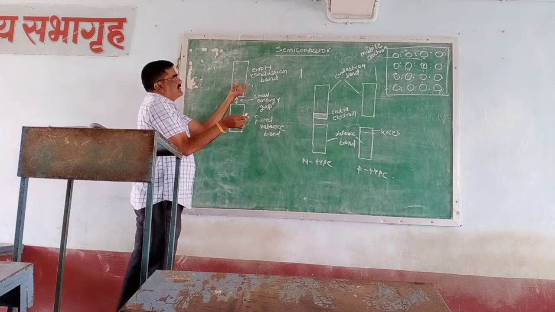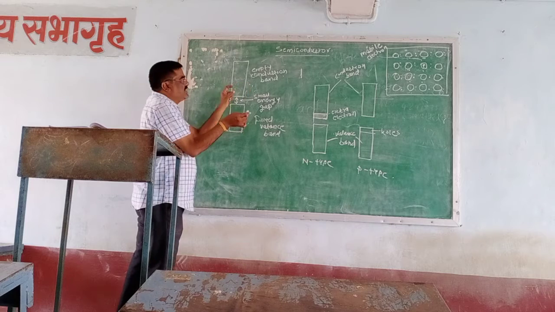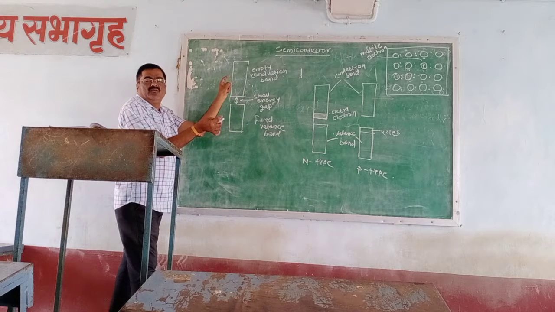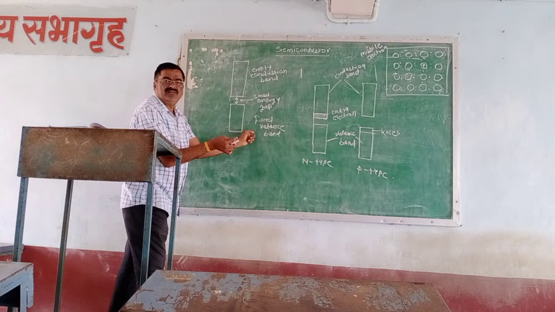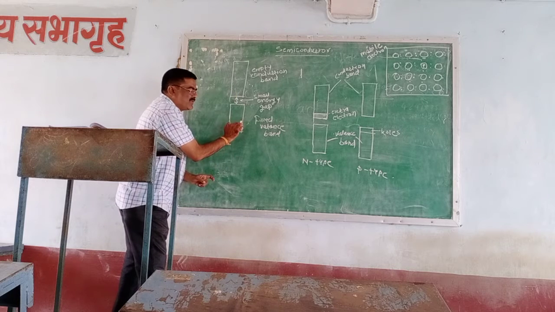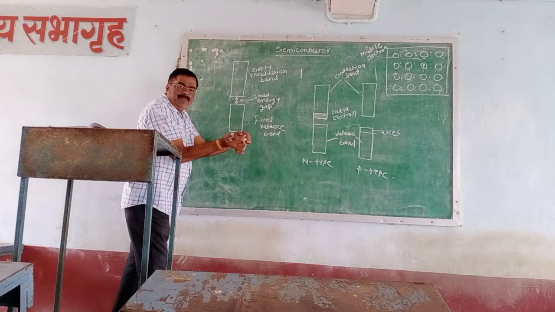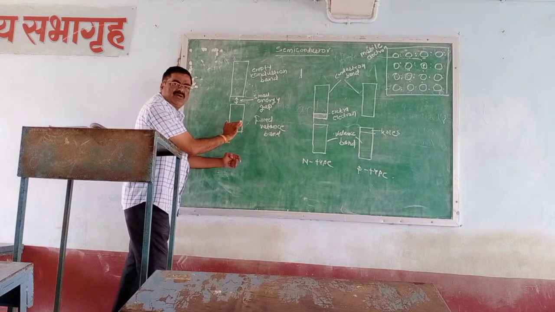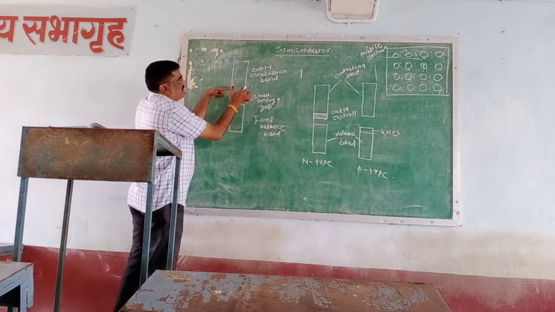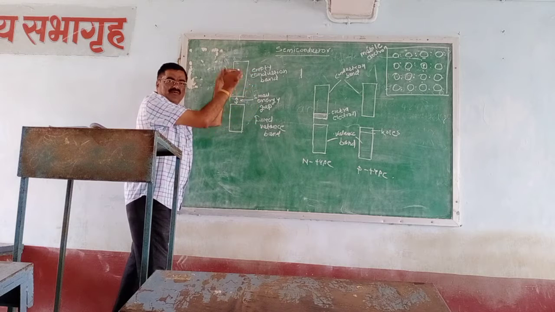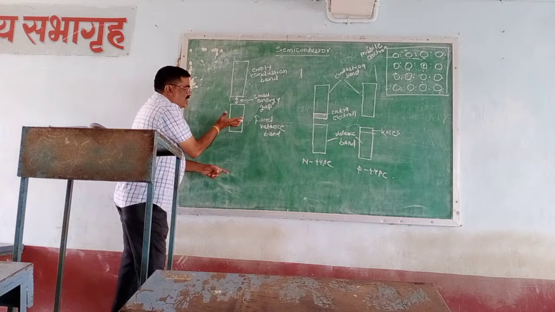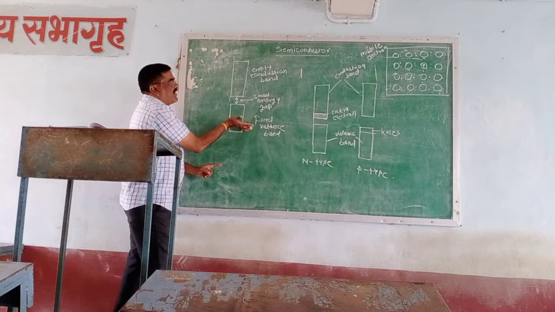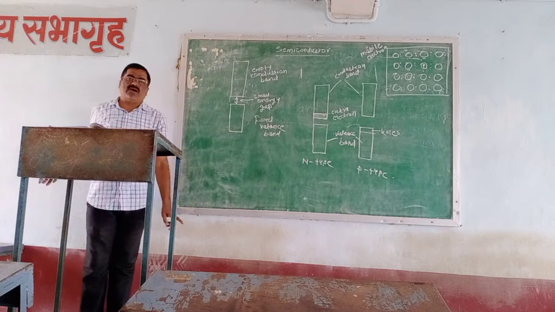The empty conduction band will be filled with a few electrons, promoted electrons from the valence band. Means there is a small gap. The valence band becomes partially empty and the conduction band becomes partially filled. Why? Due to the electrons promoted from the valence band to the conduction band.